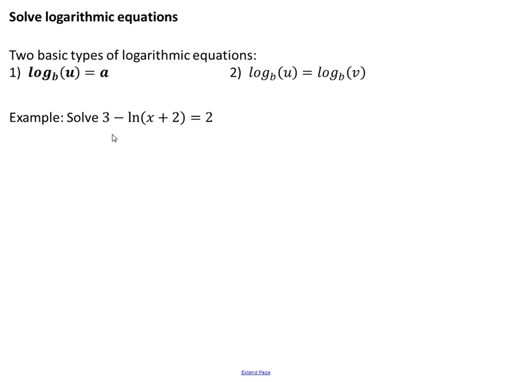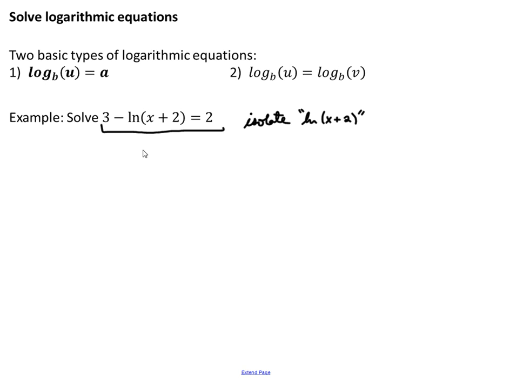We have 3 minus the natural logarithm, that's a base e, of x plus 2 is equal to 2. So what I'd want to do right here, before I start trying to use my rules, is try to isolate the logarithm, if I can. So I'm going to isolate the natural logarithm of x plus 2 before I do anything else in this equation.